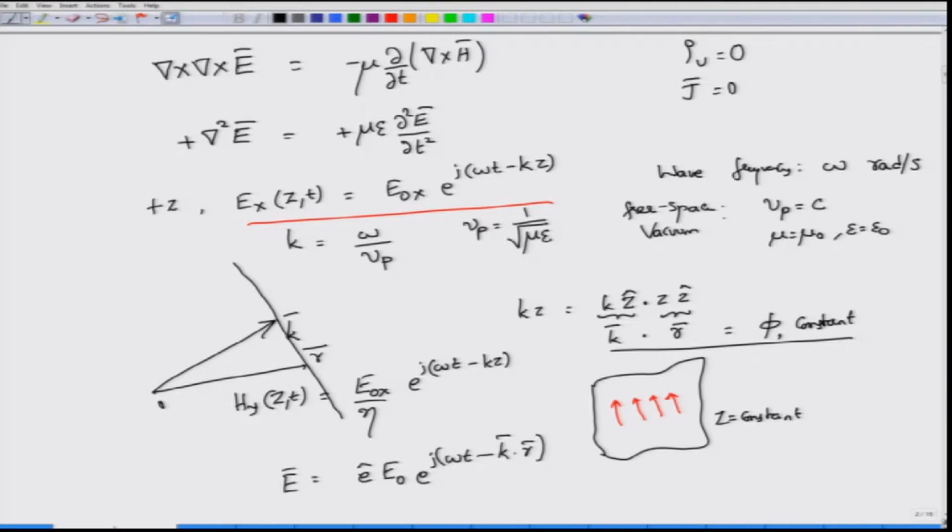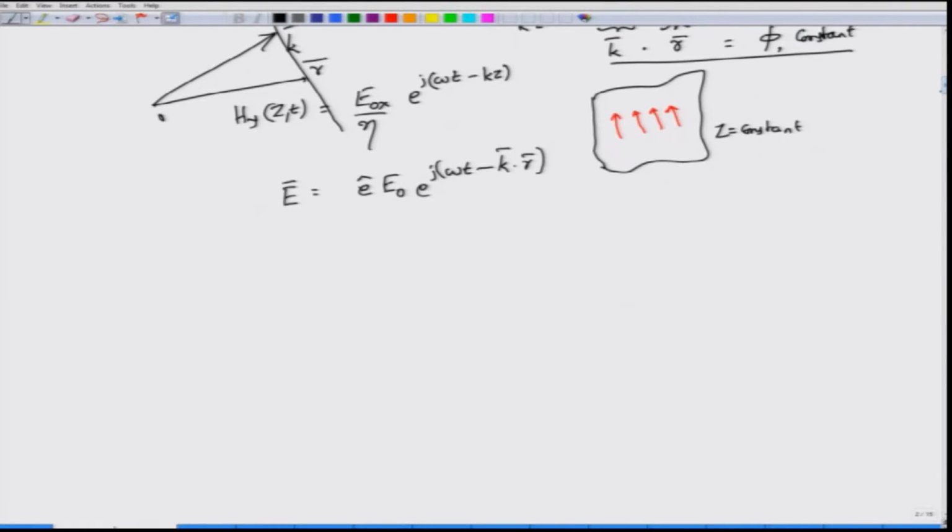As an example, consider a wave which is propagating in the z-x plane, at an angle of 45 degrees with respect to the z axis. So, what will be my k vector?